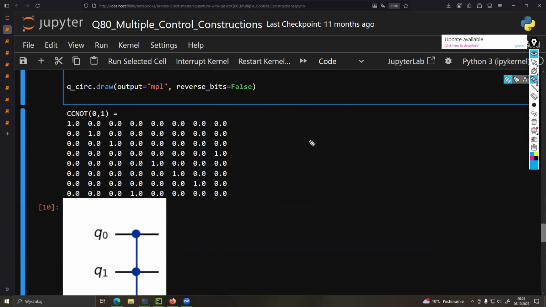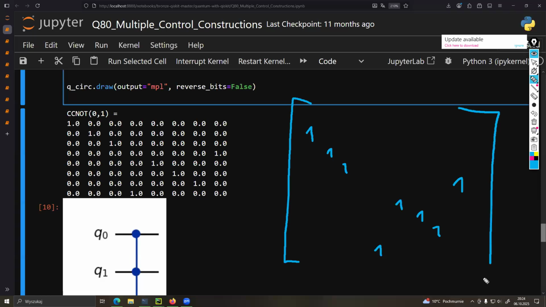So what we have is a 1 1 1, then one just here on the bottom, then again 1 1 1, and here is yet another. So this is the entire matrix. All the other entries are 0, so I will just write 0 0 0 here.